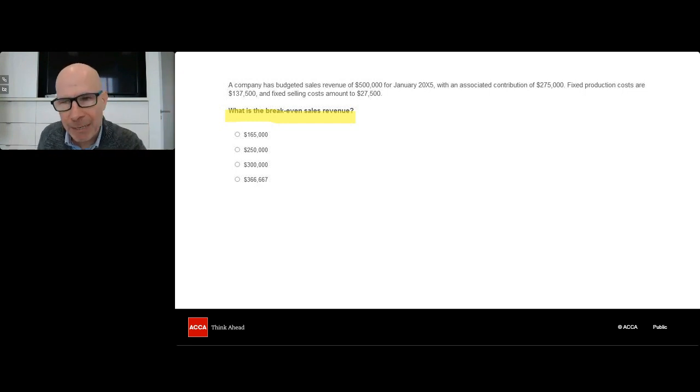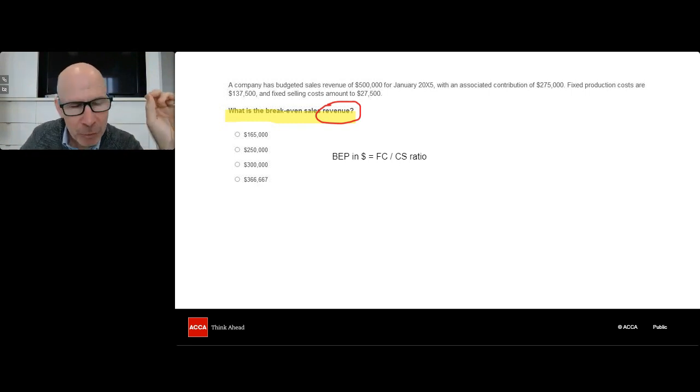So for break-even sales, we know that's the fixed costs in revenue, right? Not in units. In revenue, that's going to be the fixed costs over the CS ratio. Now, people, if you did not know how to solve that, if you just start reading, spoiler alert, the answer is not going to emerge from the story if you don't know that formula.